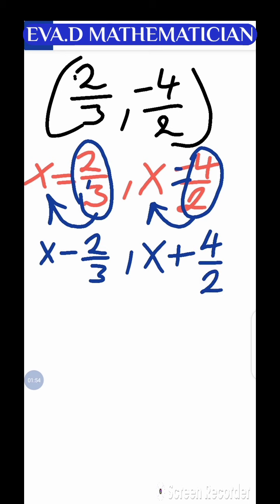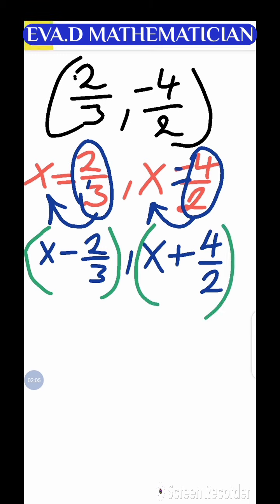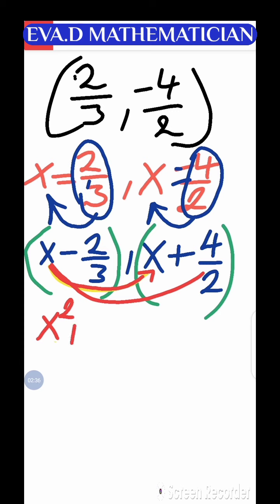And at this junction, I'm just going to group them now in brackets, and now I'll FOIL everything out. I'm going to distribute everything. x times x will give me x squared, so I have here x squared, and then x times 4/2 will give me plus 4/2x. And then I'll move now to this guy.